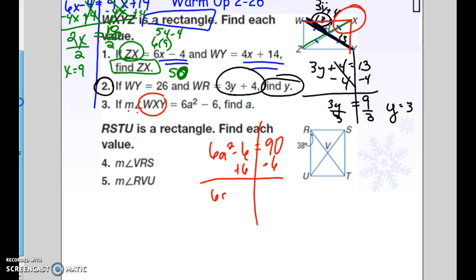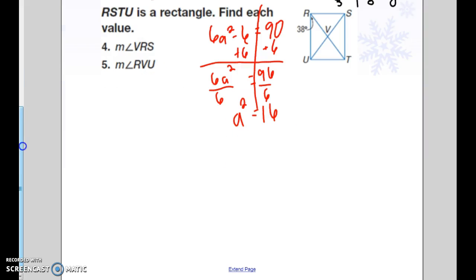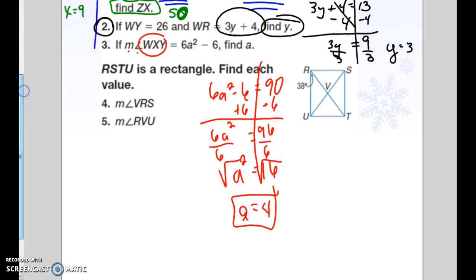So now I have 6a squared is equal to 96. Now what? Divide by 6. Excellent. So now a squared is equal to, what is that, 16? And then I take the square root of both sides, so a is going to be equal to 4. And that's all they were asking for was a, right?